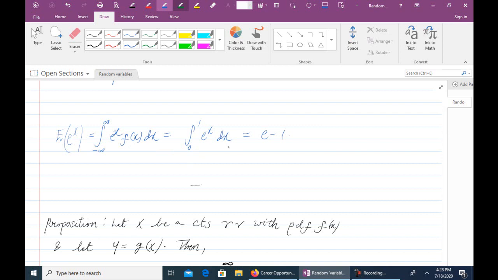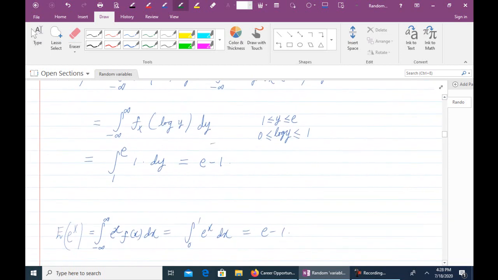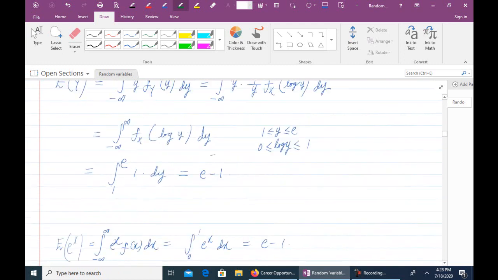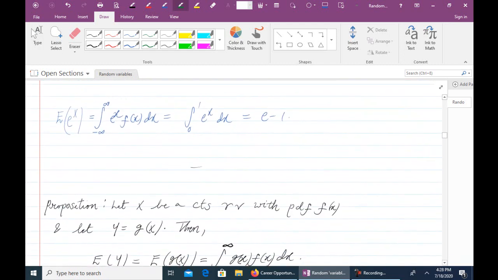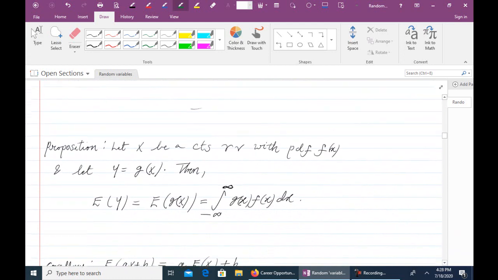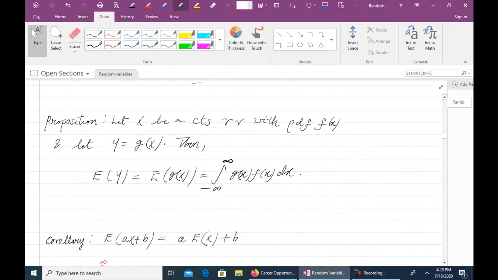And so this is much easier than what we did to find the expected value of y, which was e to the x. This follows from the fact that, given a continuous random variable x and its PDF f of x, if y is a function g of x, then the expected value of y, or the expected value of g of x, is the integral from negative infinity to infinity of g of x times f of x dx.